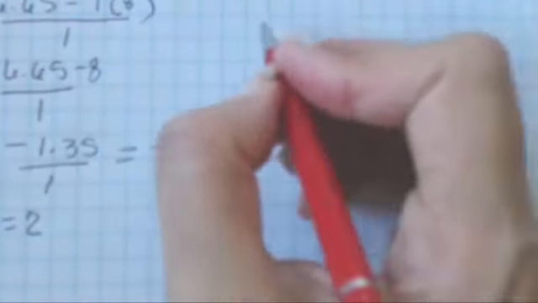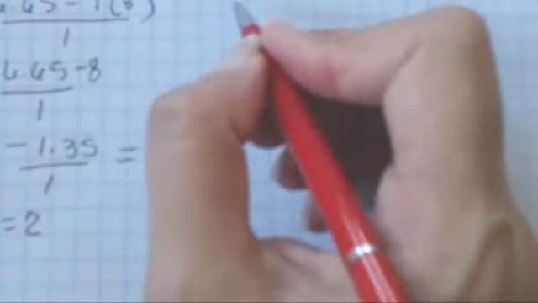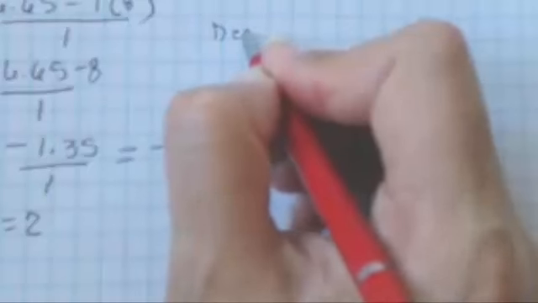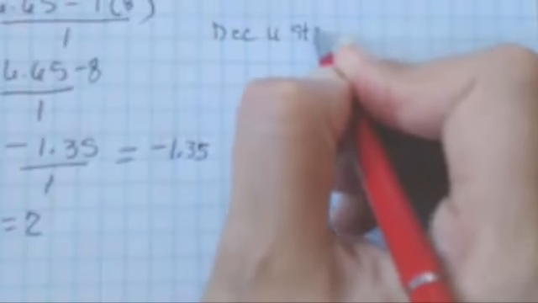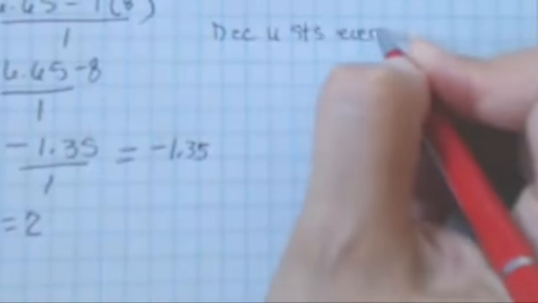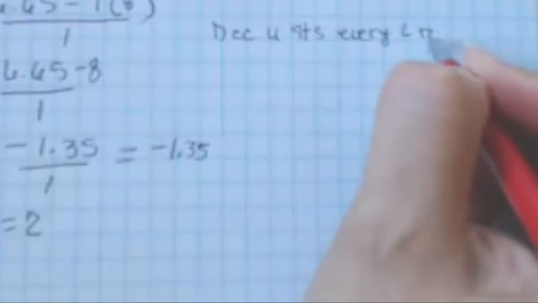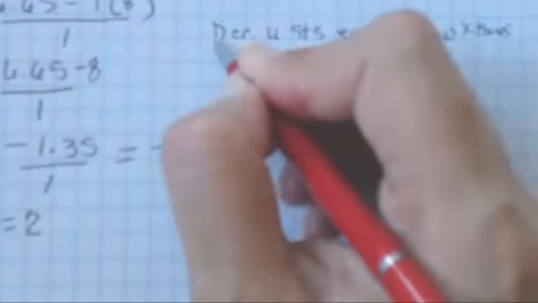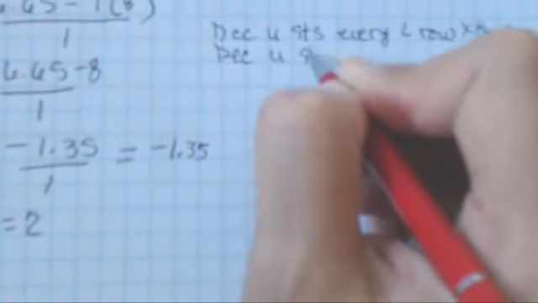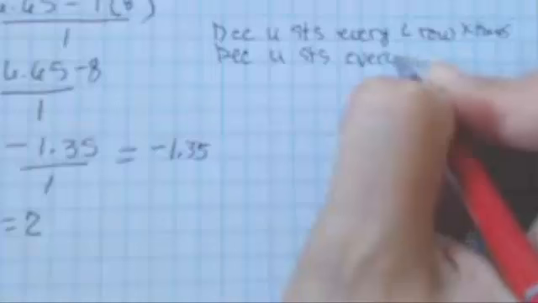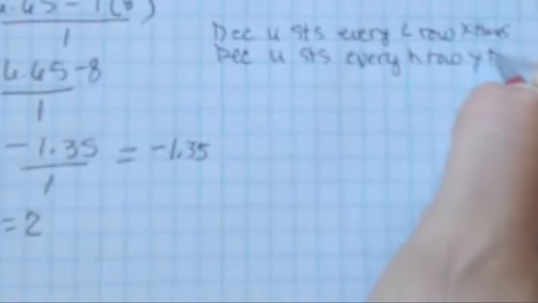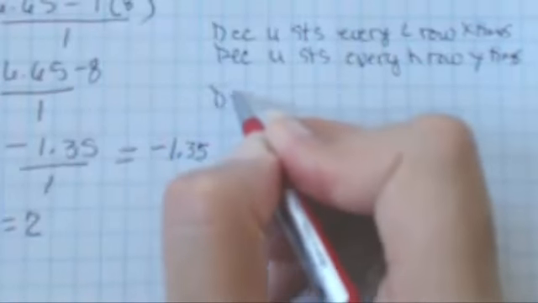All right, so we're decreasing, so let's just write our knit speak for this. It's going to be decrease U stitches every L row X times, then decrease U stitches every H row Y times. Okay, let's plug in our numbers.